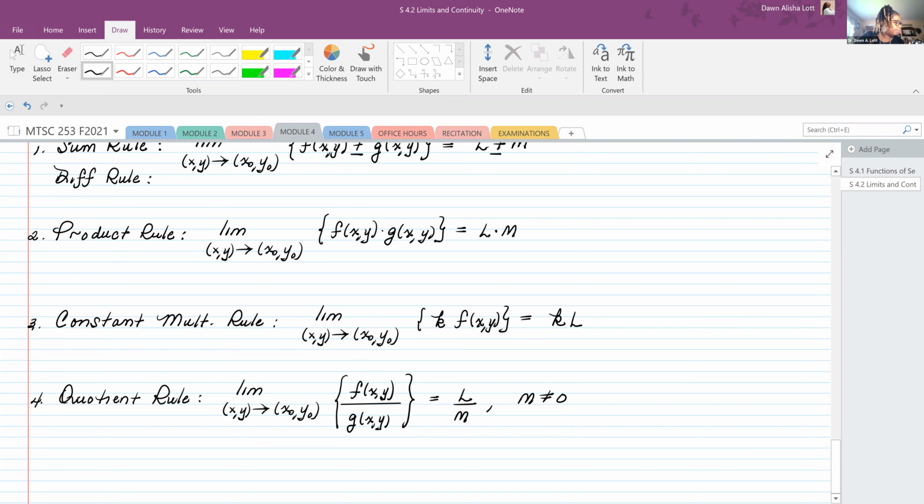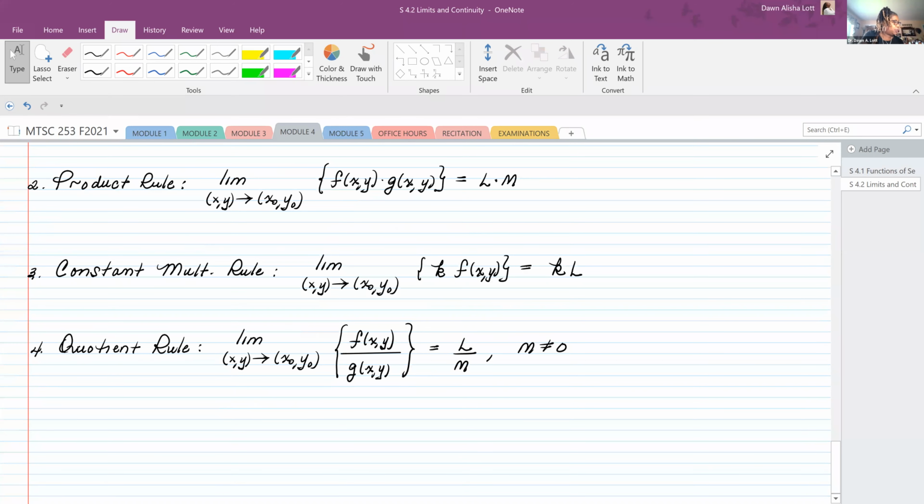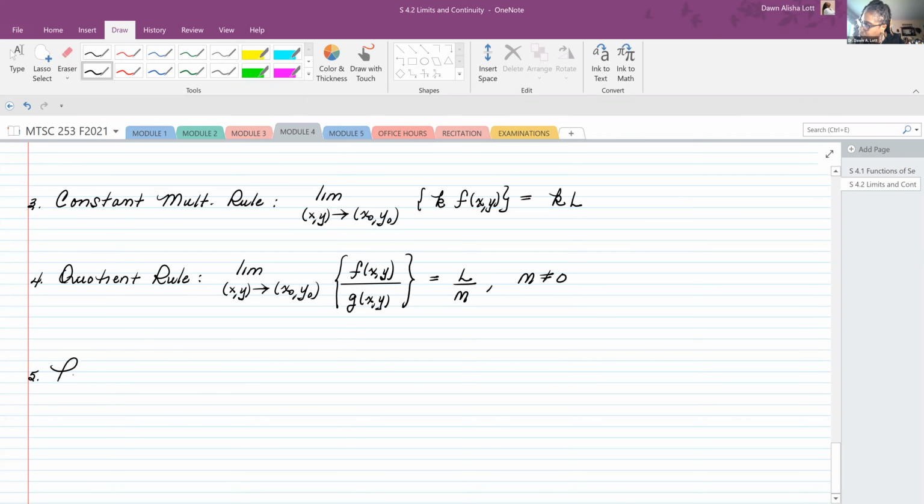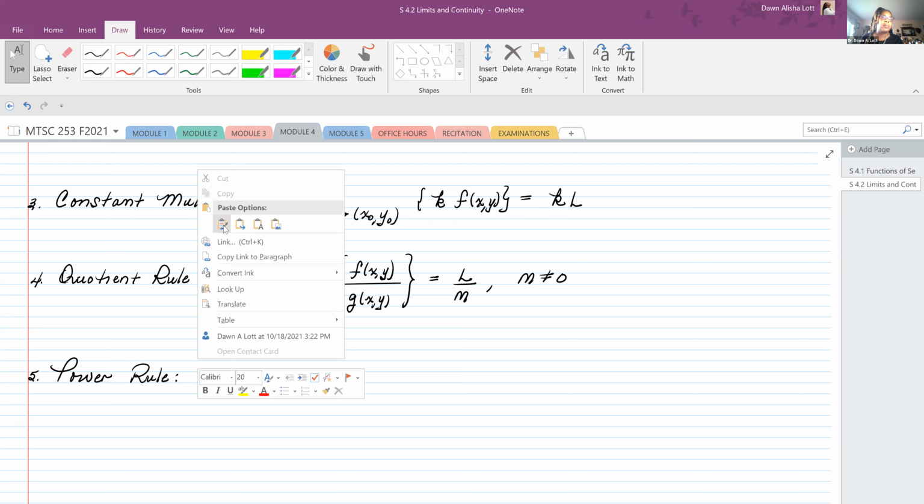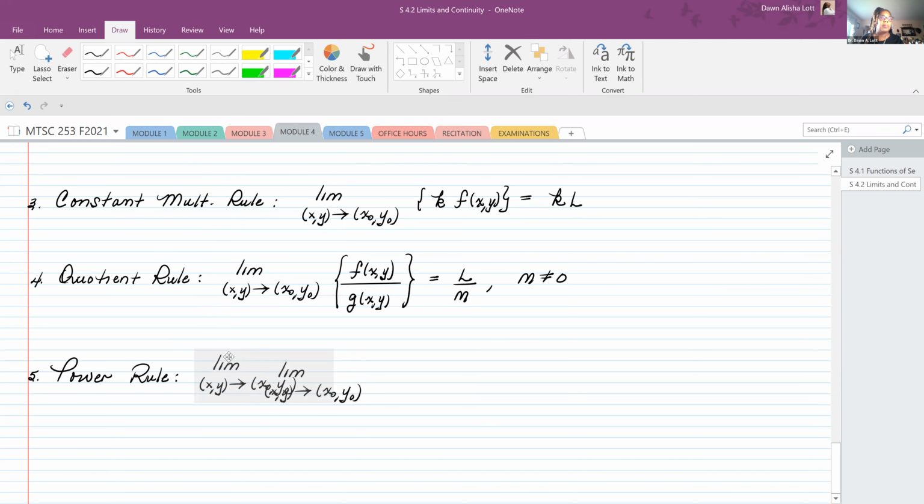Okay. And the power rule. So I'm going to do the limit, and now I'm going to get f of x, y raised to a power, m over n.